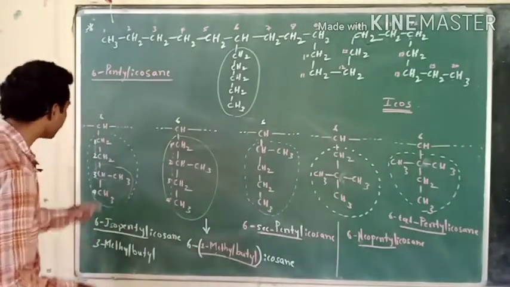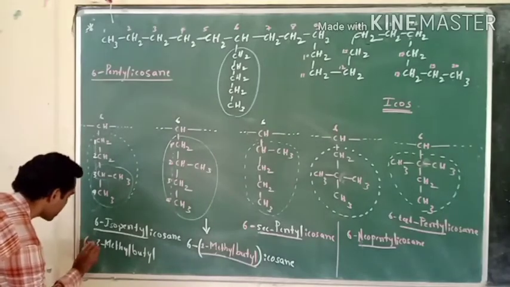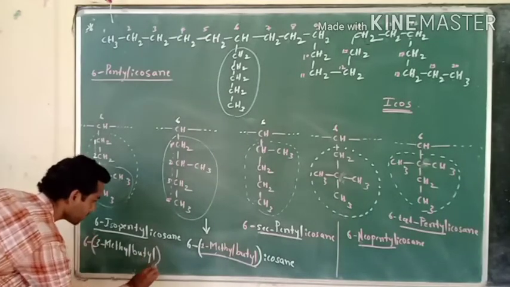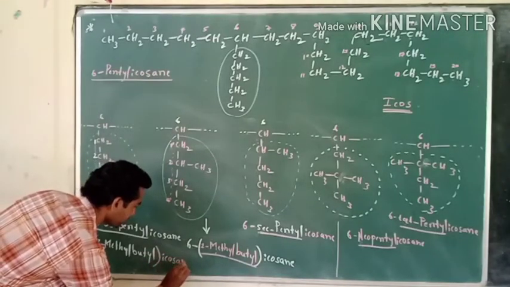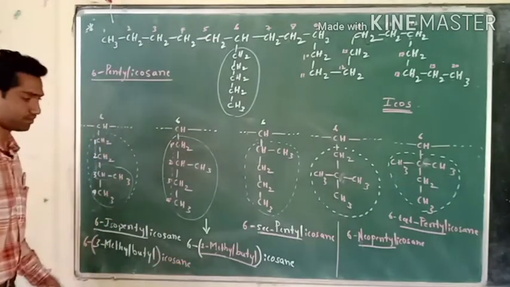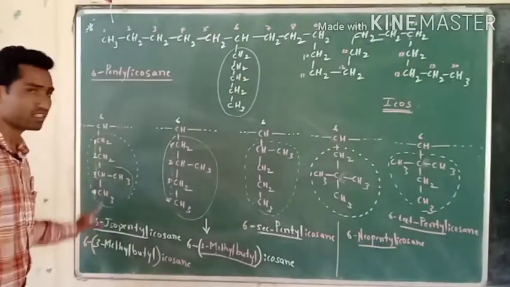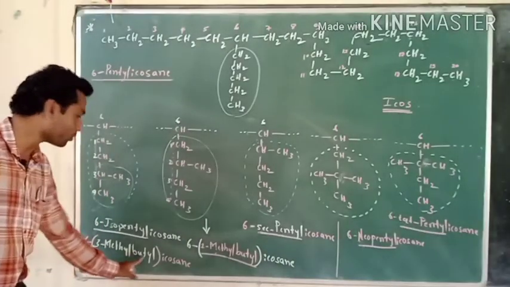So to which carbon is it attached? At the 6th position it is attached. Therefore we have to write this whole thing in the bracket. And the next thing is ANE is the name of this molecule. The systematic name of this substituent is 3-methylbutyl.